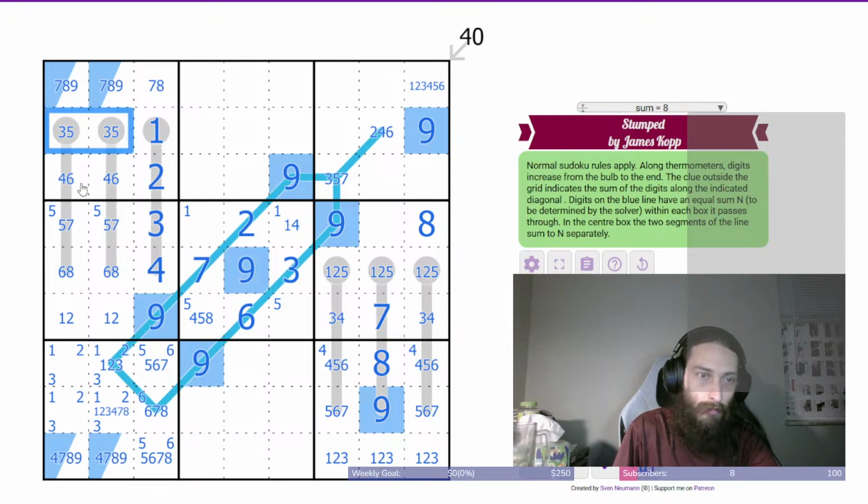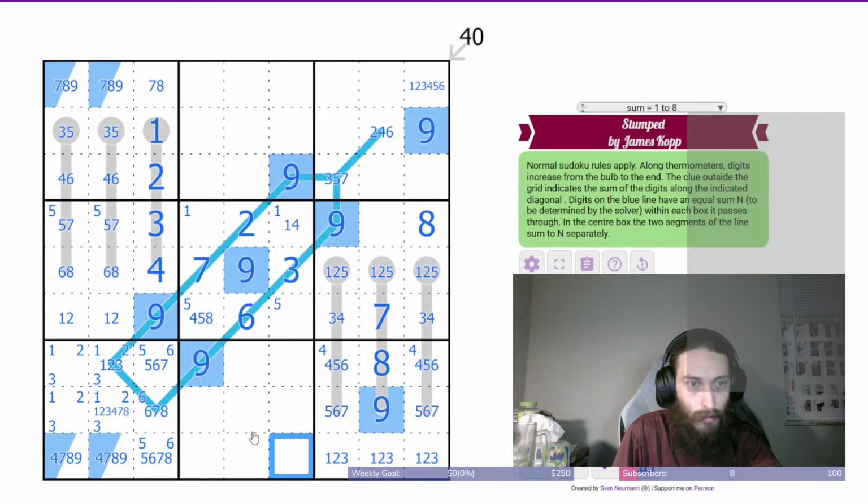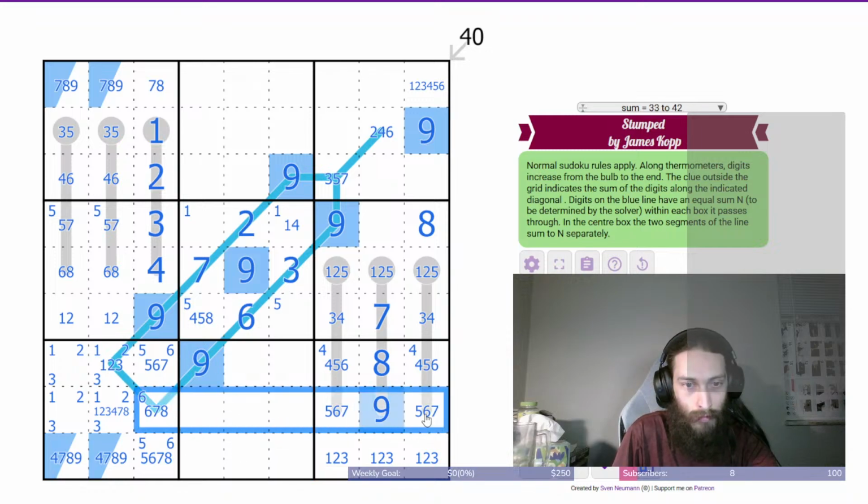Six. So you have to have 5 in one of those two, and 6 as well. Row 8, the 7 has to go in box 9.